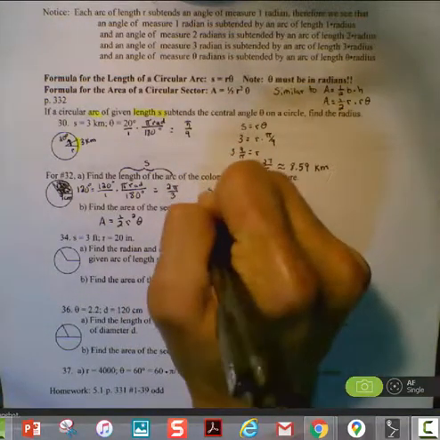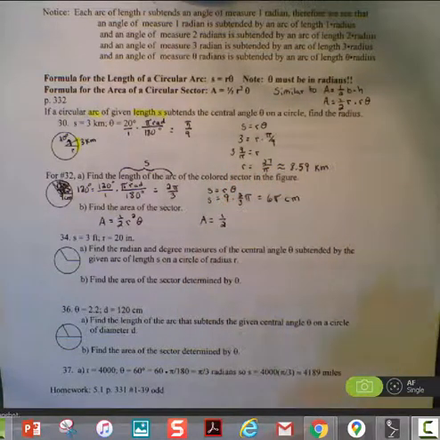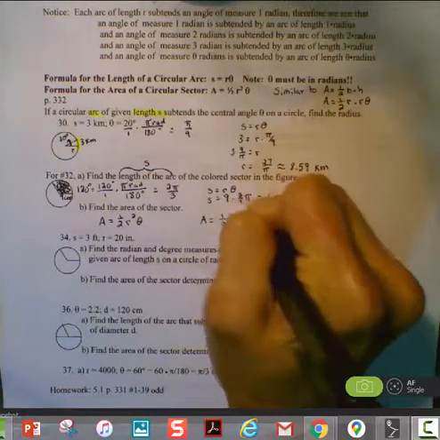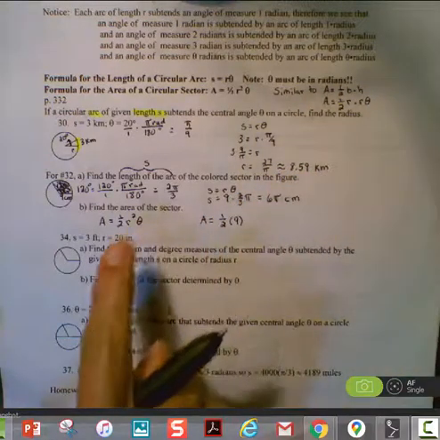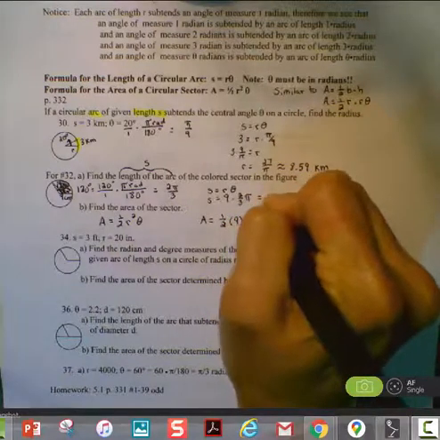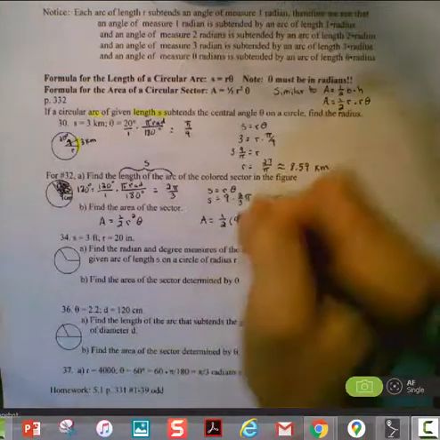So the area of this circular sector is 1/2 times the radius, which is 9 centimeters, times theta in radians, which we found to be 2 pi over 3. I left off my square.